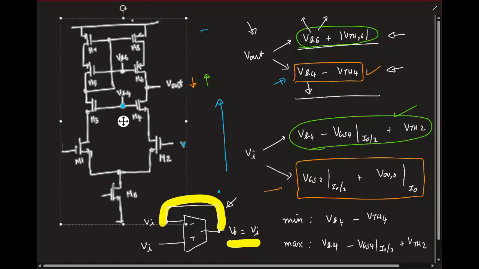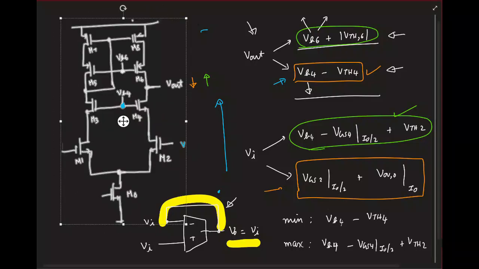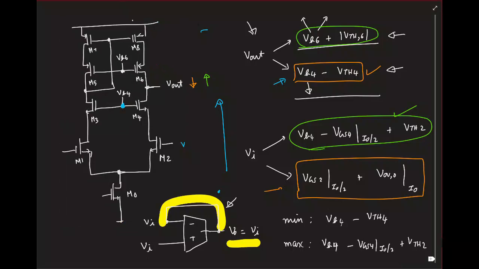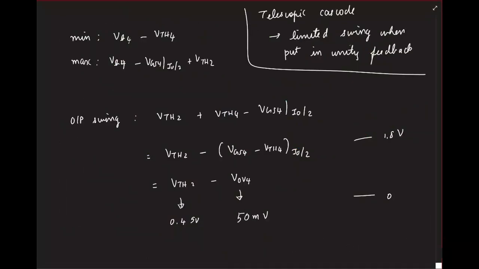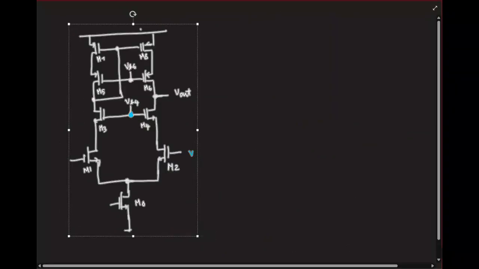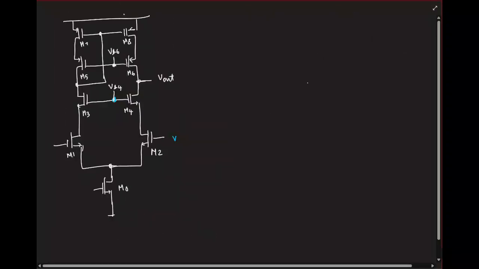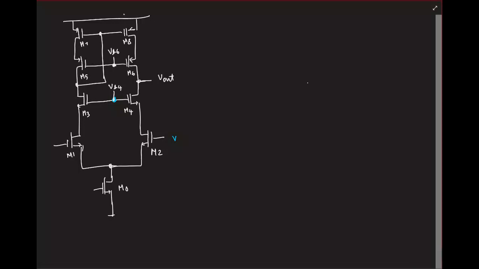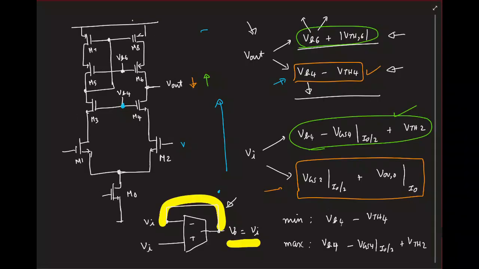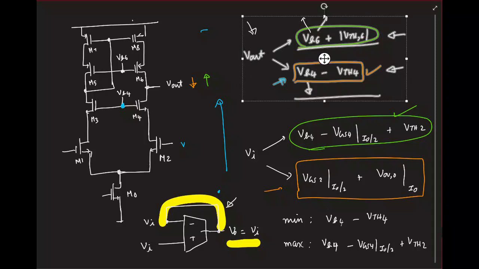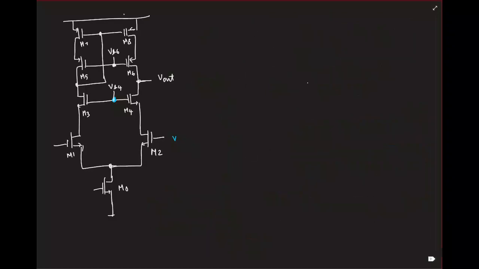Let me copy this once. We already computed that, here it is. Even in this we'll find the absolute maximum and minimum we can have, because as I mentioned, VB4 and VB6 also have their own range.